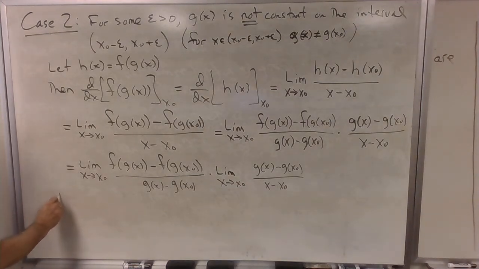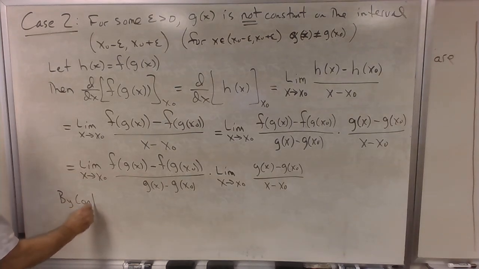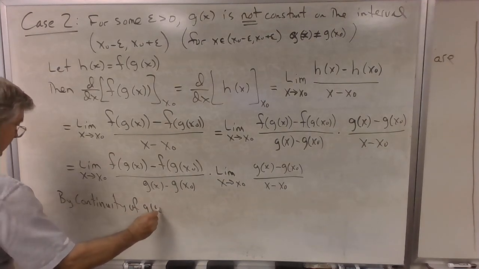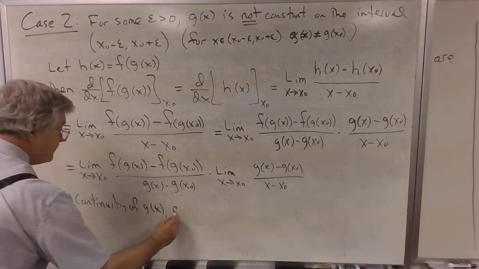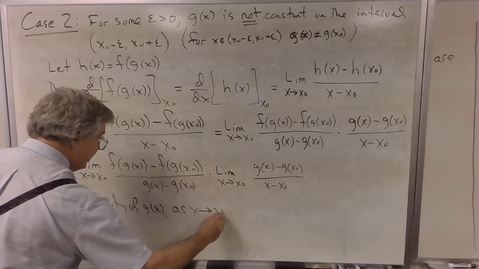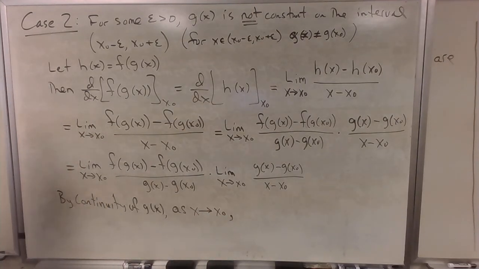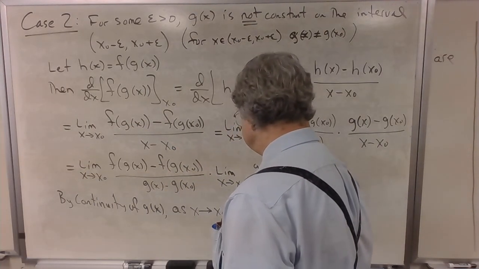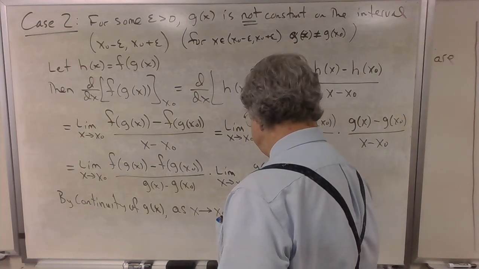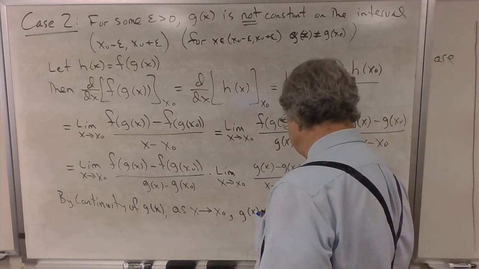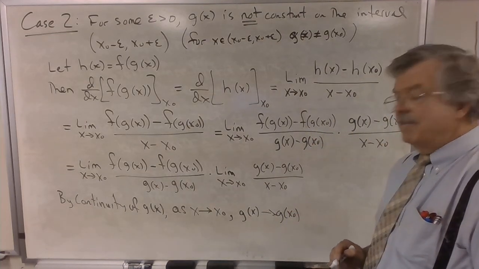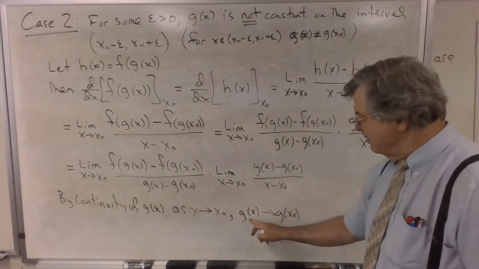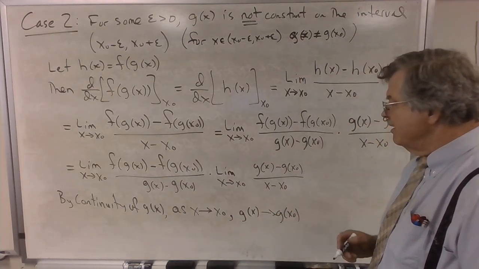And here's where continuity comes in. As x approaches x naught, g of x approaches g of x naught. More specifically, the limit of g of x as x approaches x naught is equal to g of x naught by continuity.